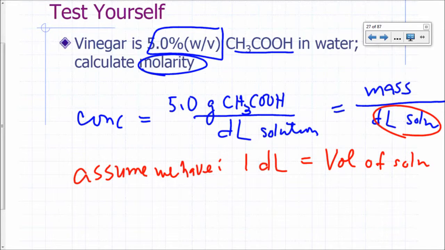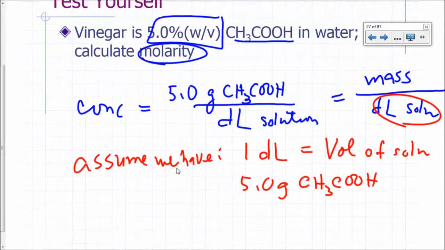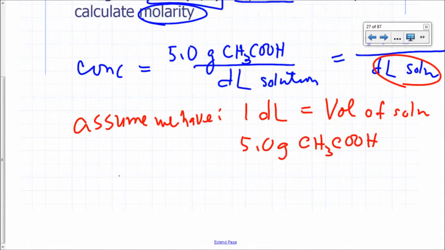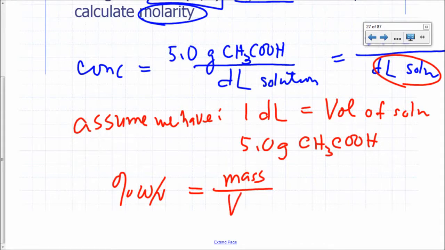How many grams of solute do you have? 5. So the amount of solute is 5 grams CH3COOH. In other words, percent weight by volume is equal to the mass of solute over the volume of solution in deciliters.